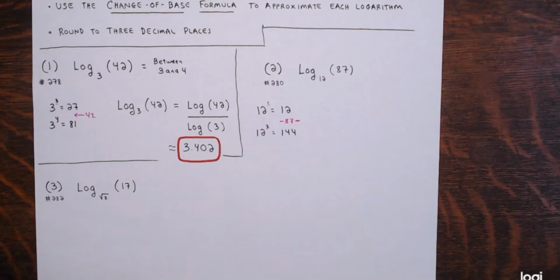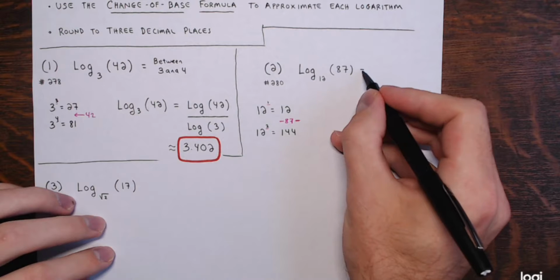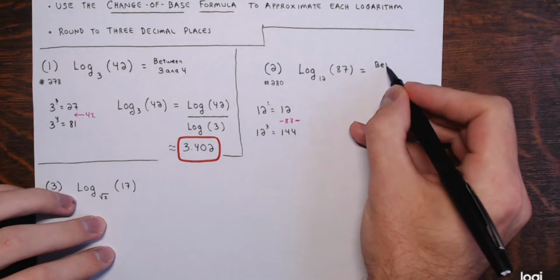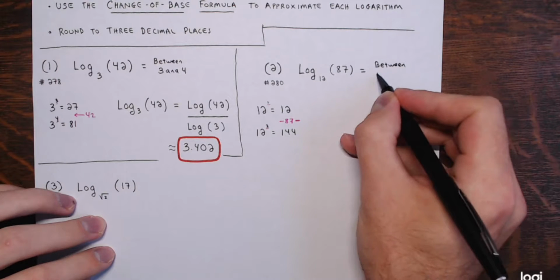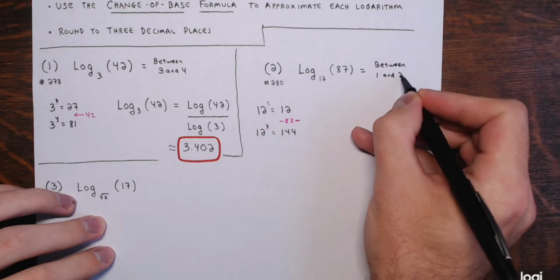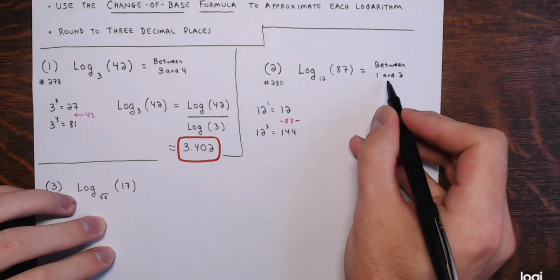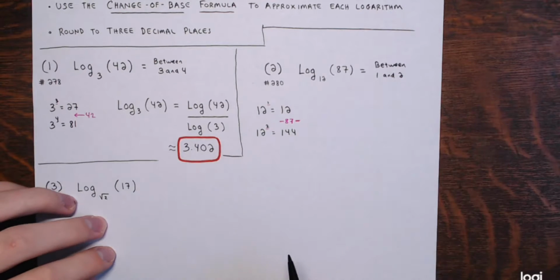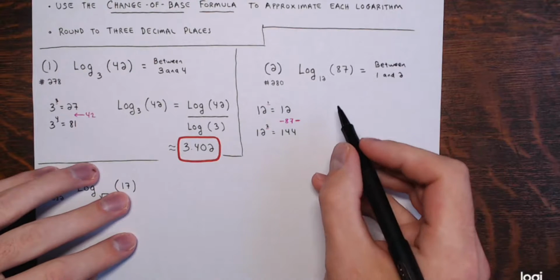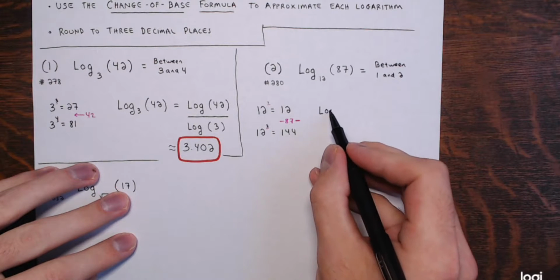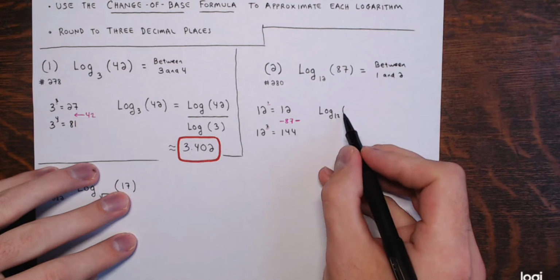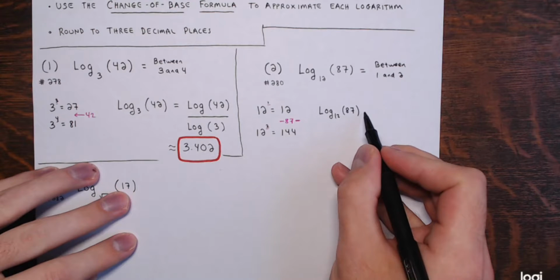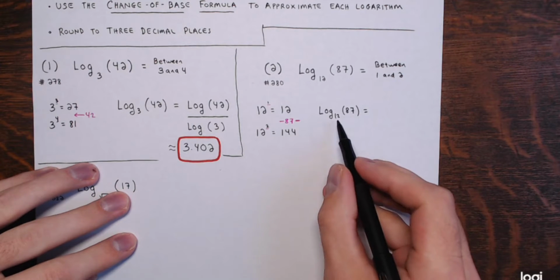Remember, logs are exponents. So this is going to be between 1 and 2. All right, so 12 to the 1 point something power will be 87. Now let me actually use the change of base rule. The log base 12 of 87. Again, it's base 12 right now.